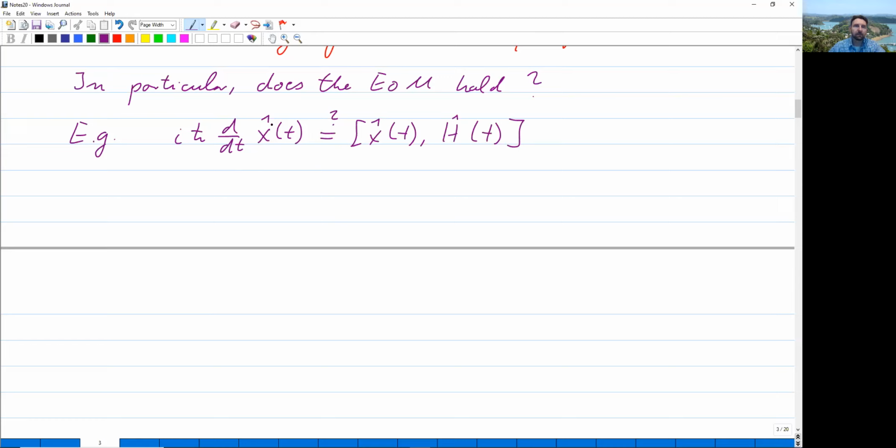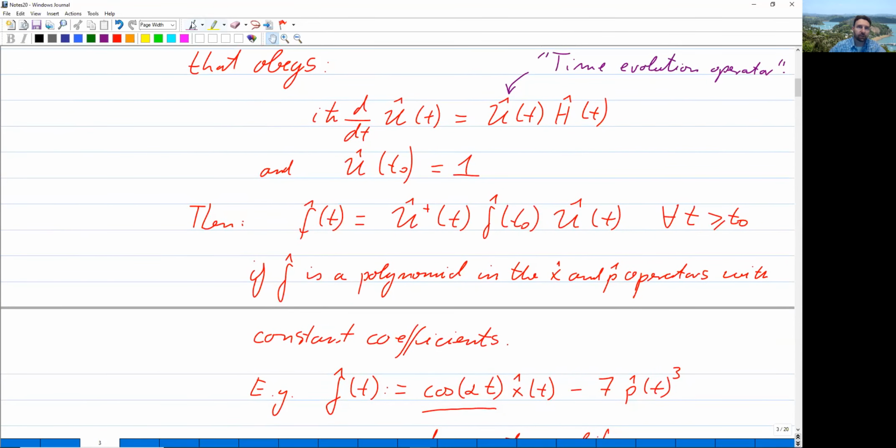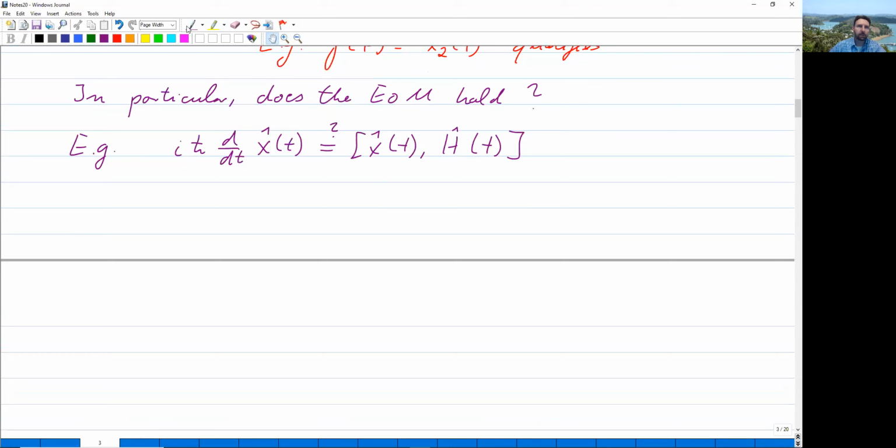Doesn't matter. So to be explicit, let's write the x hat. So let's check whether this is actually true for all times if we define, as the proposition says we should, the time evolved operator to be related to the initial time operator through multiplying by u hat and u hat dagger from the right and from the left. So we check.